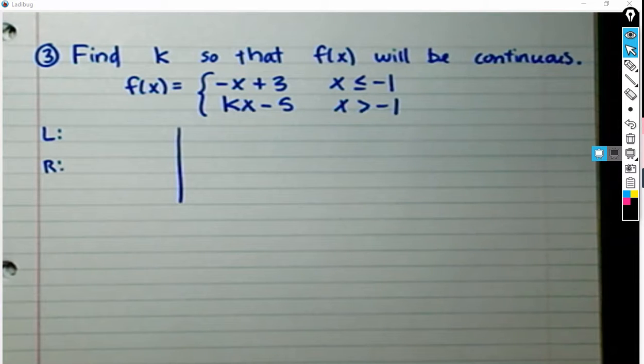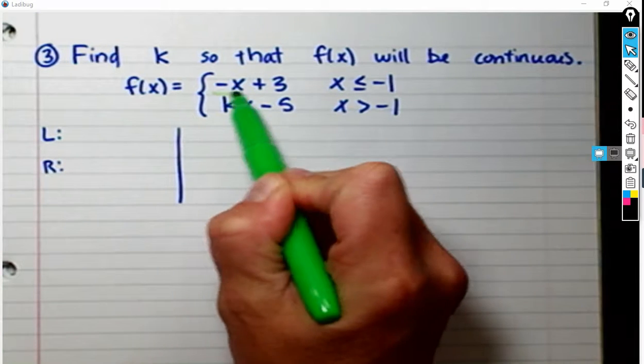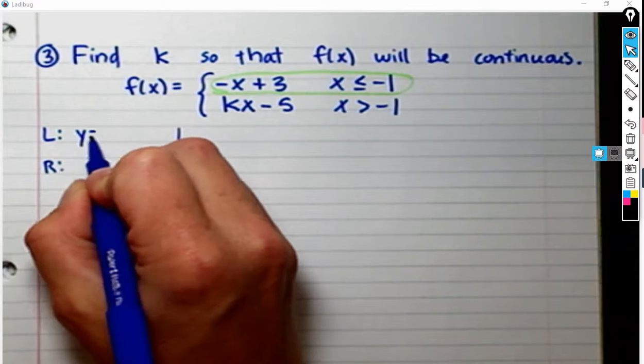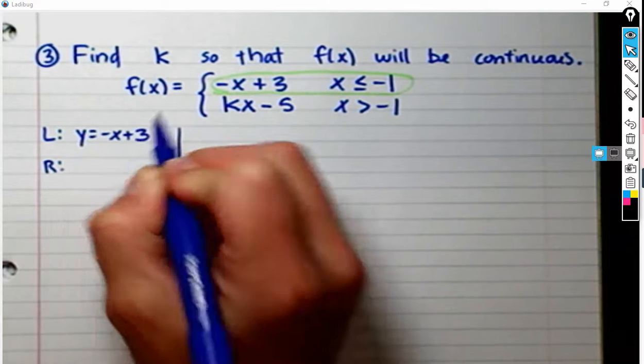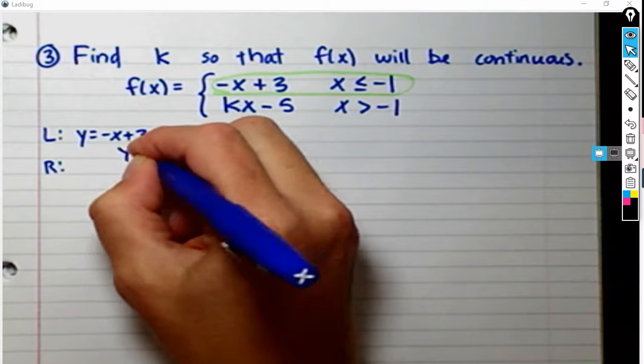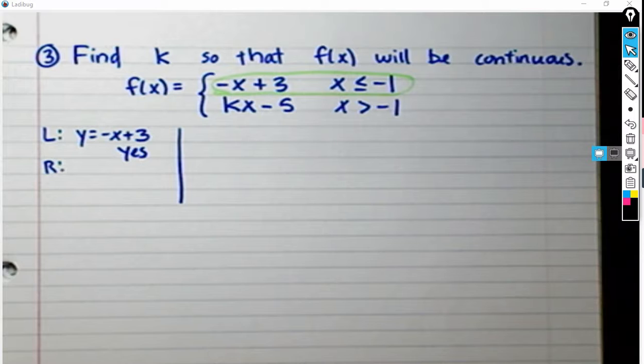All right, Julia, which one of these things is the left side? Minus x plus 3. Yes, the top one. Maya, is y equals negative x plus 3 a continuous graph? Yes. Okay. So the left side is continuous. All right. The right side.